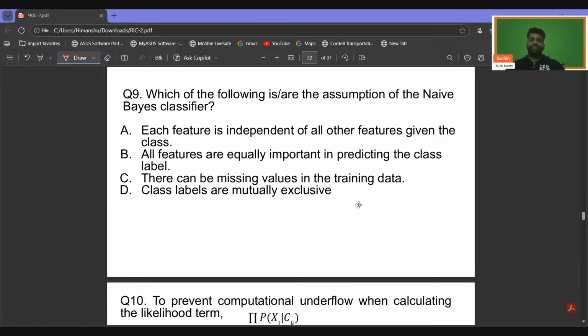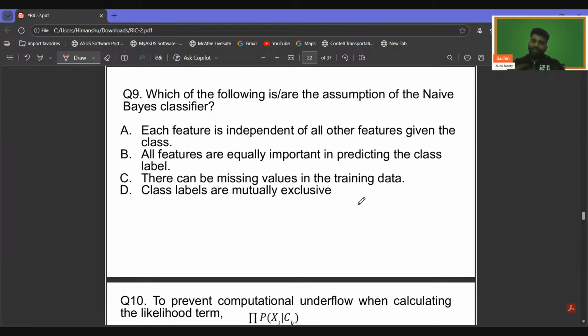Think about this. What is the answer? Could you think about this?